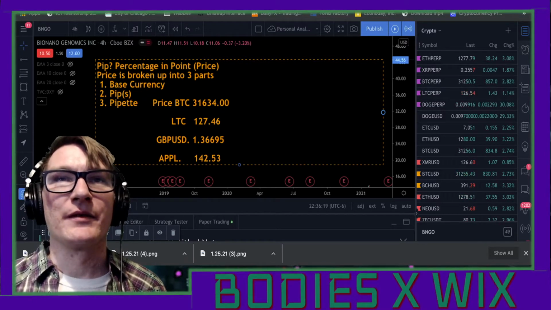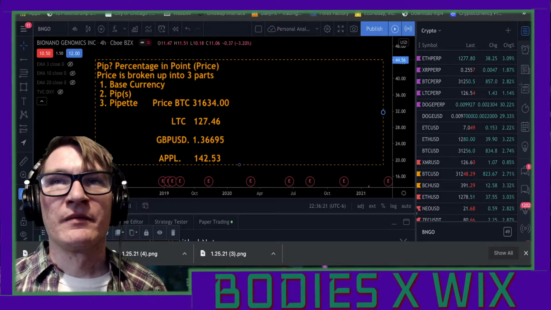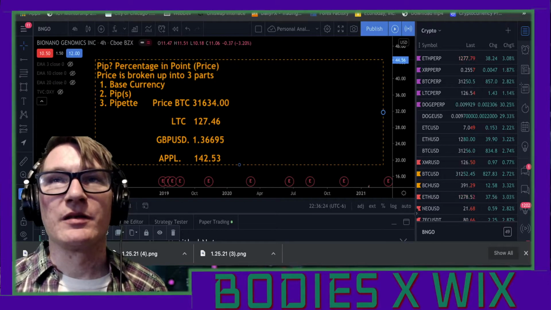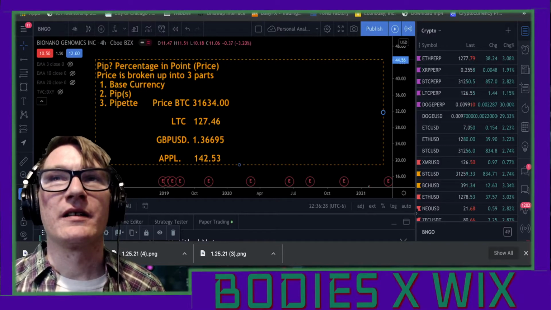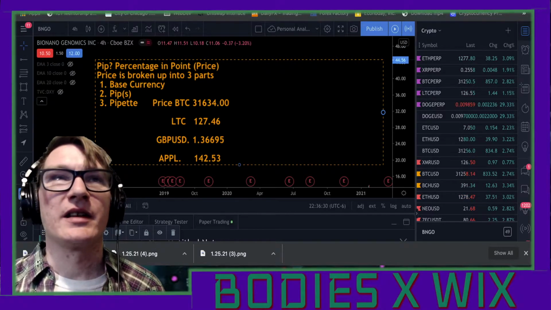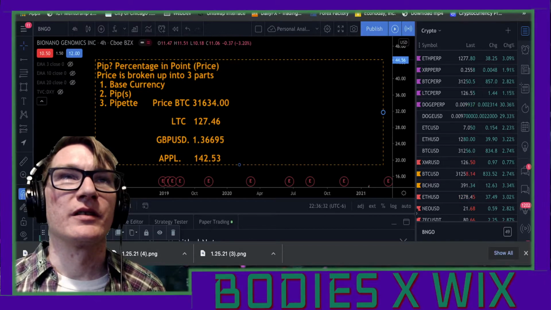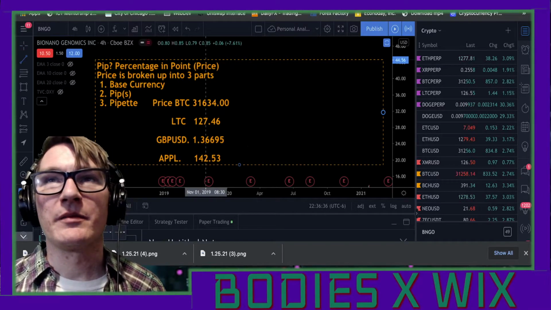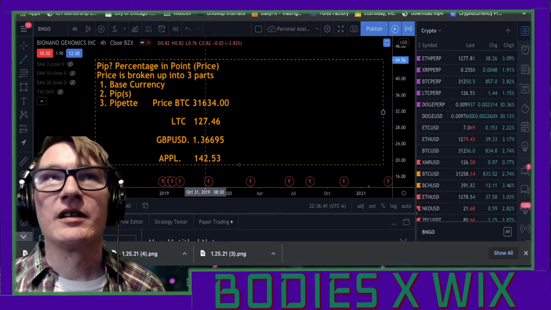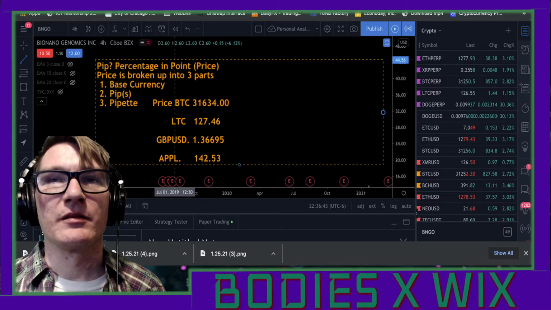Then you have your pips and your pipettes, and it's broken into 3 different parts. Your first 3 are going to be your base price, and that goes true for most of them. Some of them are a little bit odd, but some are absolutely true.